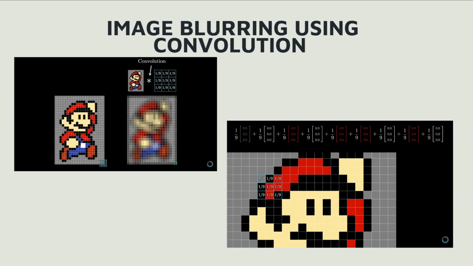So basically, suppose we are using the pixel that we have illustrated in the right bottom image. The pixel that we're blurring is the center one. In that matrix, the center one is red, so 1/9 of it is red.